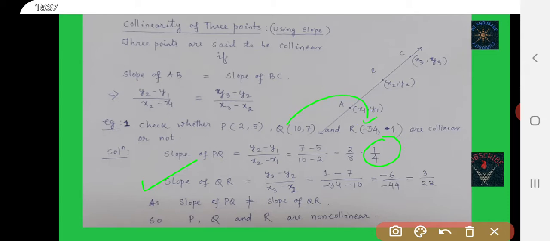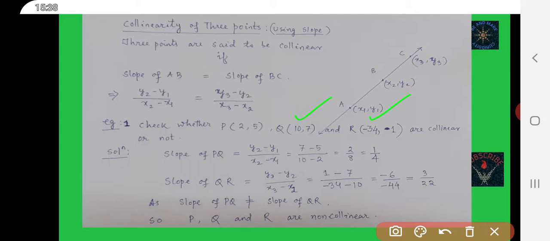So y3 minus y2, y3 is 1 minus y2 which is 7, okay, and x3 minus x2, x3 is 34 and x2 is 10.